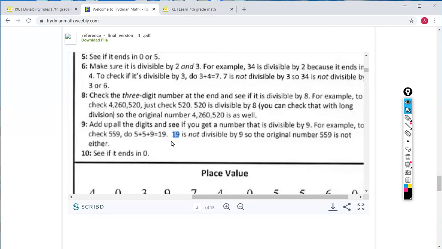So all I have to know at this point is my 9 times table, and I know that 19 is not in the 9 times table. 9 does not go nicely into 19. So 19 is not divisible by 9, but therefore, according to this rule, the original number that we had, 559, is also not divisible by 9.